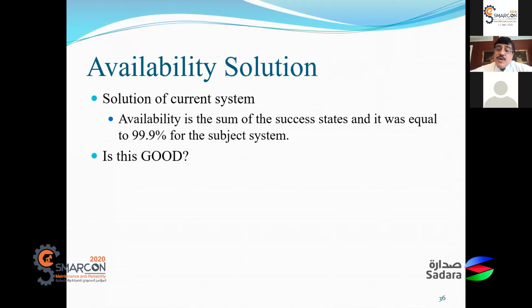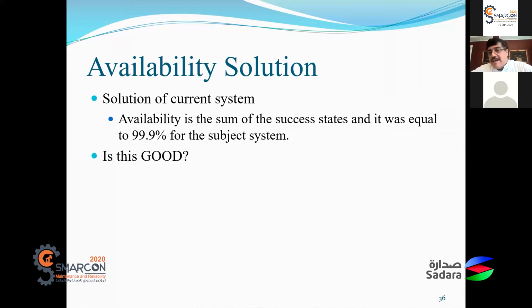Now 99.9% availability, we need to gauge it against something. Is this good? Is 99% good? Many people say yeah, 99% is good. But when you think about it, what is 99%? 99% means that if you have a year of 365 days, 1% of that is 3.5 days.